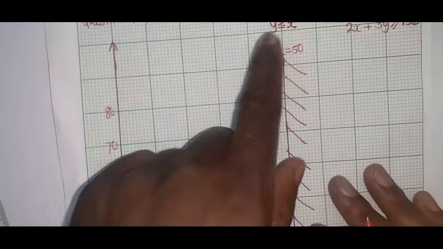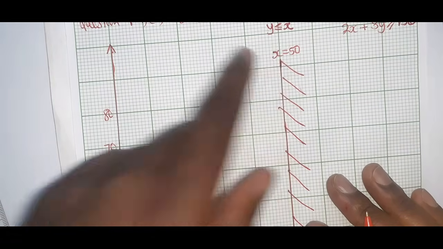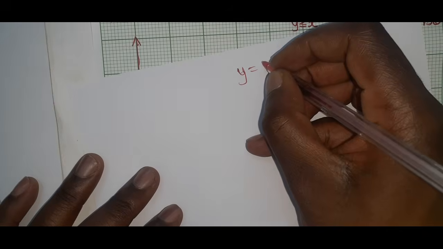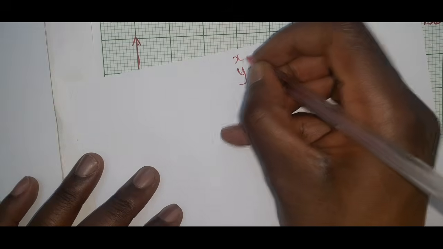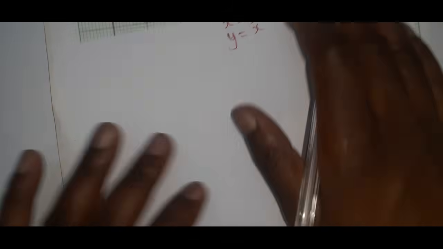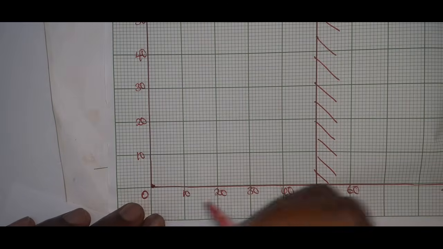Then you come to the second one, which is y is equal to what? In terms of an equation, y is equal to x. So y is equal to x, or x is equal to y. If x is equal to 0 here, then y is equal to 0.